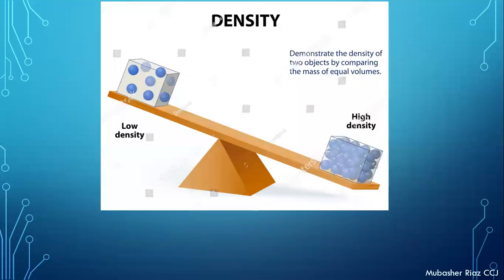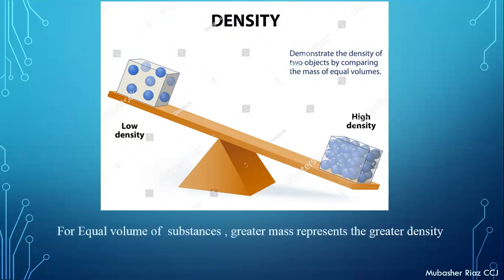Similarly, there is another example where I change their mass. In this example, there are two cubes of similar volume. They have the same volume, but the number of molecules present in the unit volume is different. One contains a large number of molecules and the other contains fewer molecules. So the density of the cube which contains the greater mass is greater than the density of the cube which contains fewer molecules and less mass.